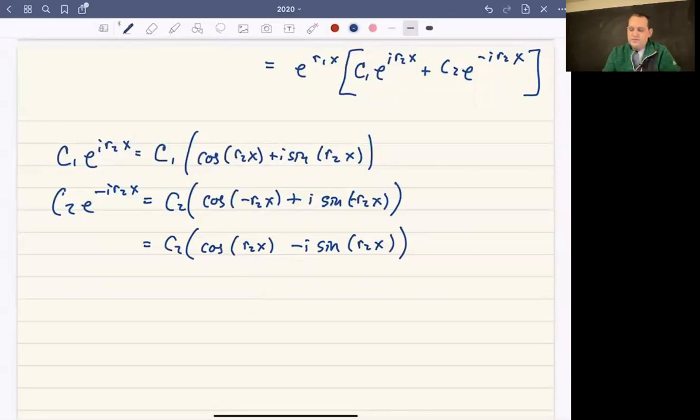And then what we're doing is, if we look at this combination of these two, C1 e to the I R2x plus C2 e to the negative I R2x, and we add these together, then we're almost done with this.